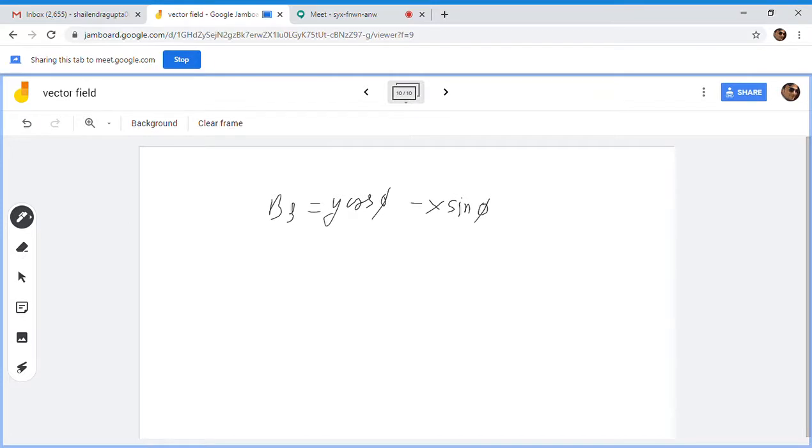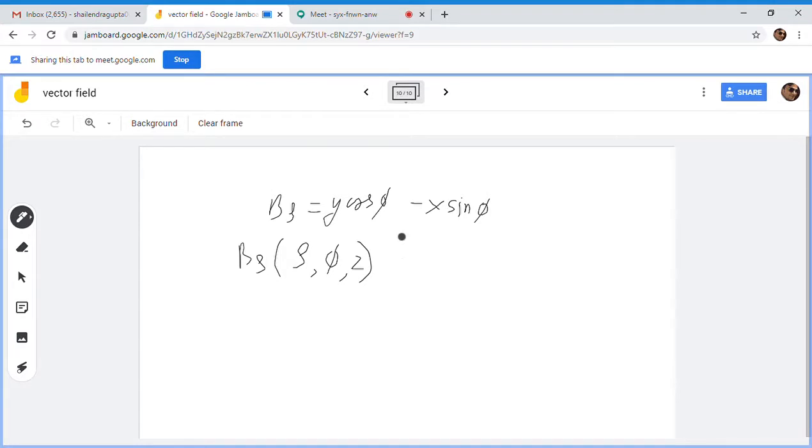But see, this b rho component is an explicit expression of its coordinates, so b rho should be a function of rho, phi and z.